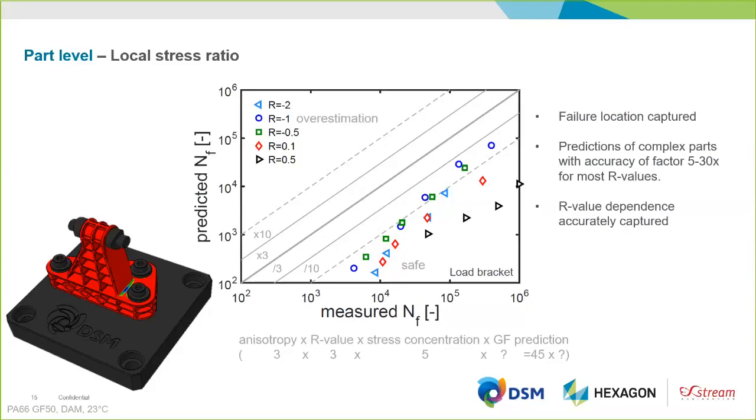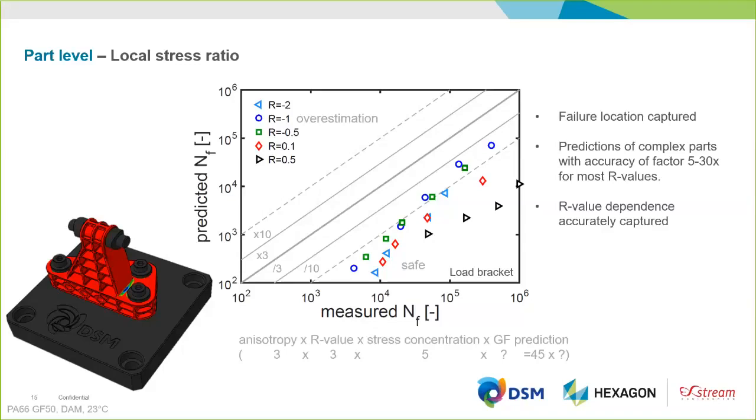And then we find that we are able to predict anisotropy or microstructure. For any microstructure, we were able to make predictions with our model within a factor of 3. For the R value over a huge range and different microstructures, we were also able to limit that error to a factor of 3. And for the stress concentration correction, we find a factor of 5.